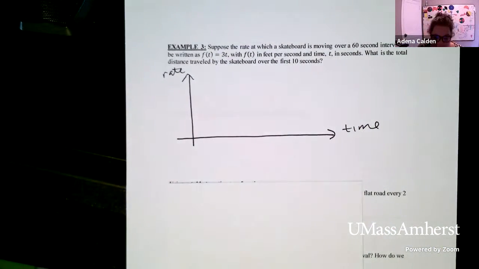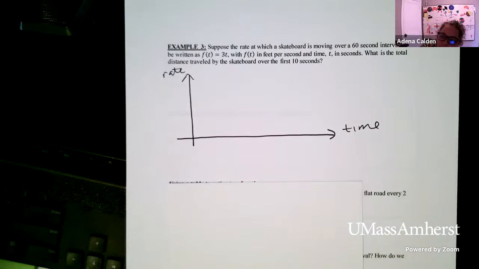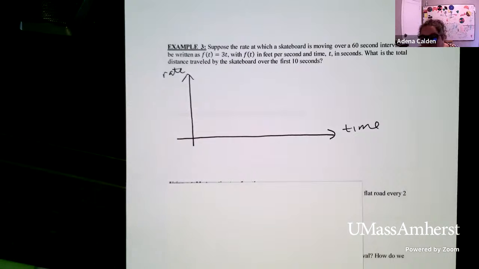You're graphing 3t and thinking about how you can use area under the curve. Again, it's a line here, to figure out the total distance traveled. Okay, so take 2 minutes, see what you can come up with, see if you can figure it out, and then we'll go through it together.